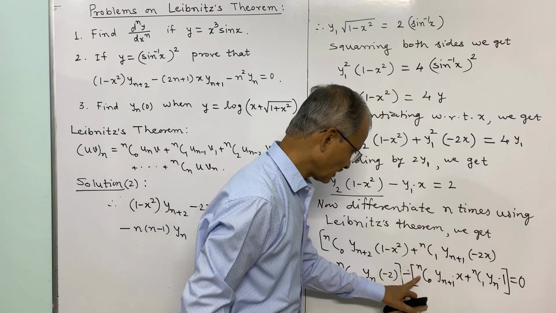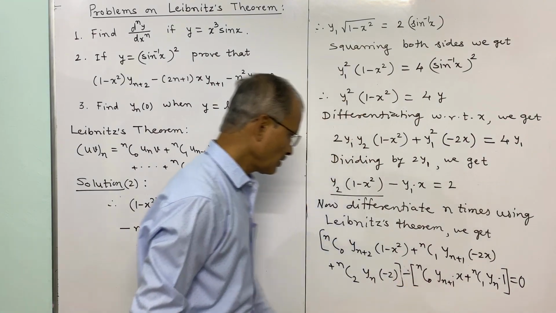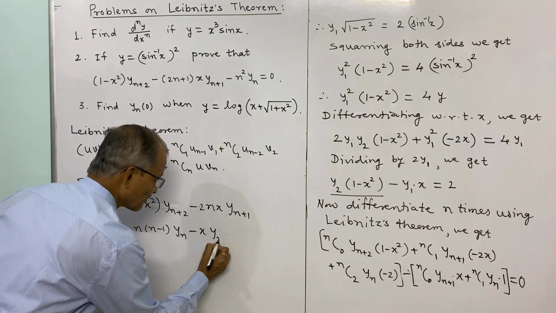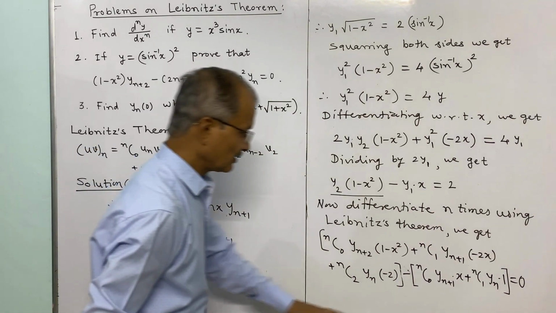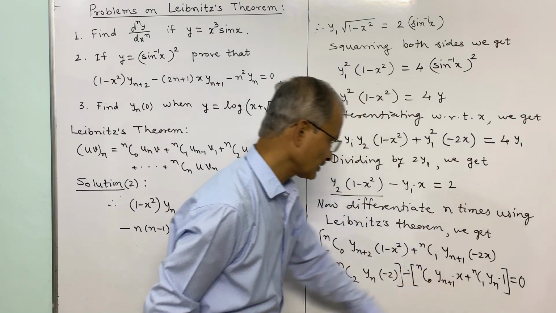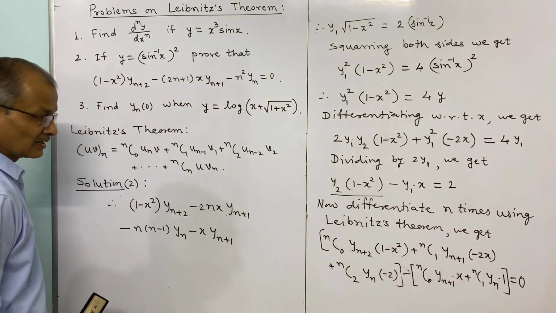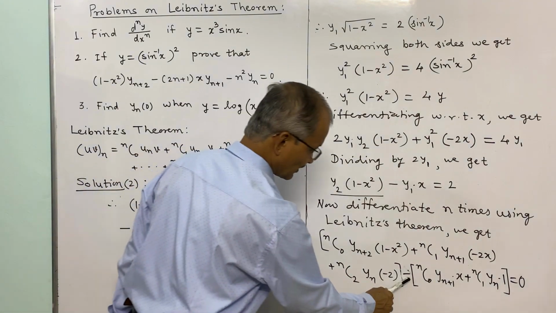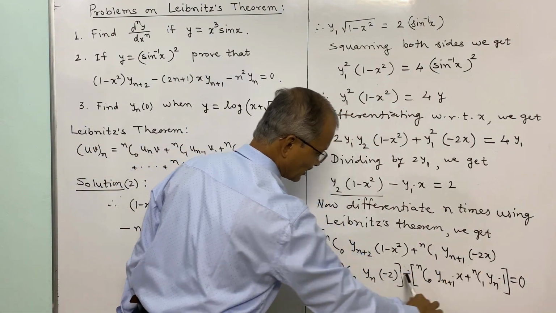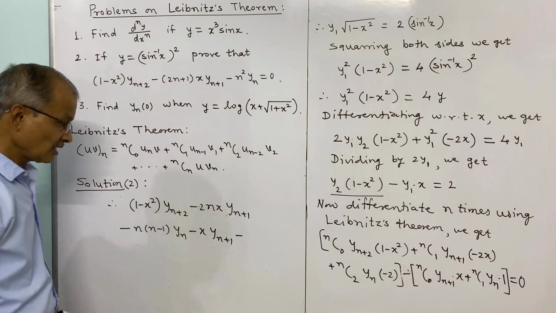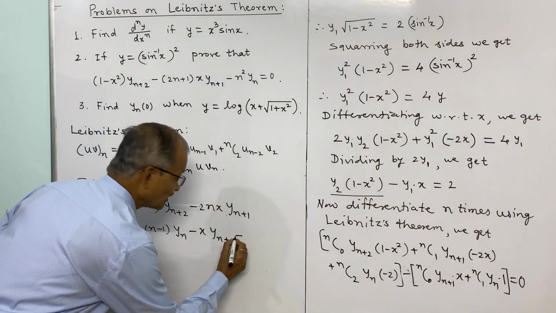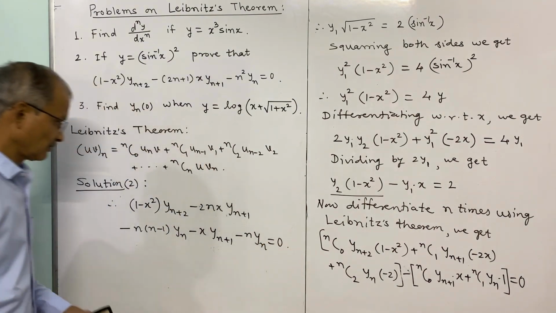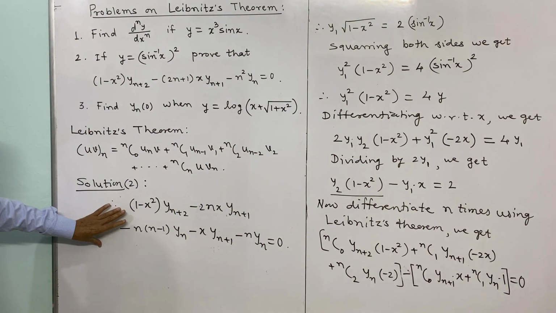Now there is a minus sign, this is 1, x into the n plus 1th derivative of y, that is minus x into the n plus 1th derivative of y, and this term is again negative, minus n choose 1 is n, that is negative because this whole expression is in bracket, so we should note the sign, that is minus n y, and that is equal to 0. So this is the equation we have obtained.